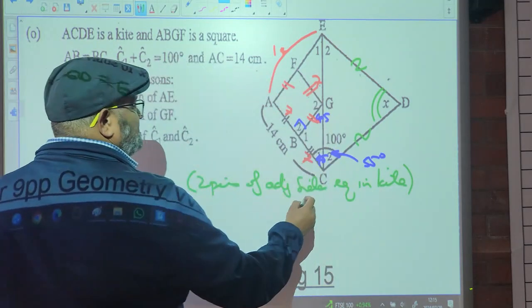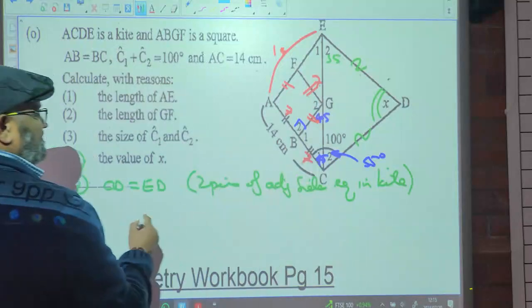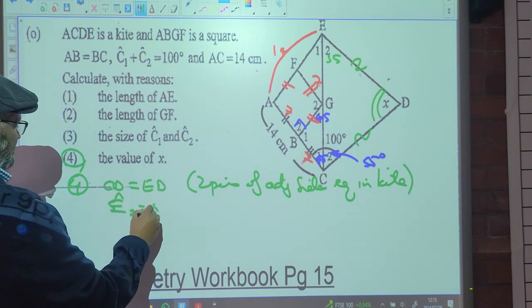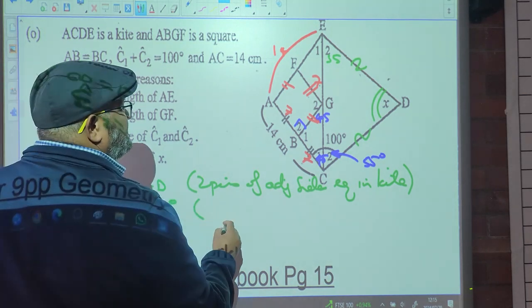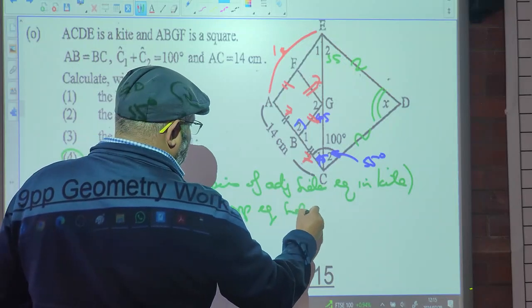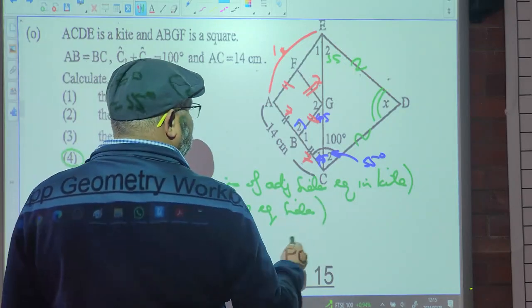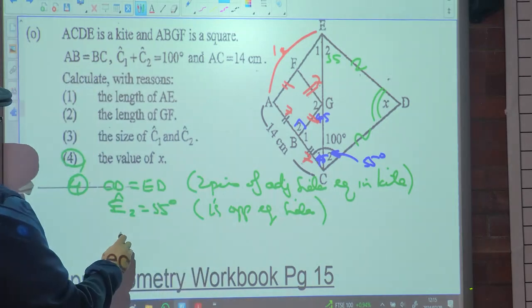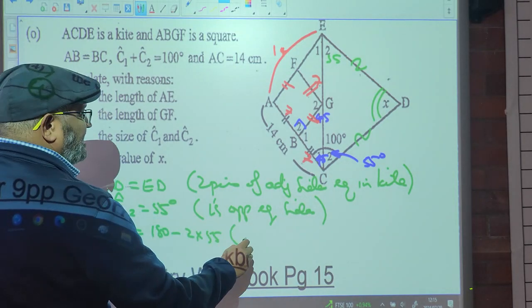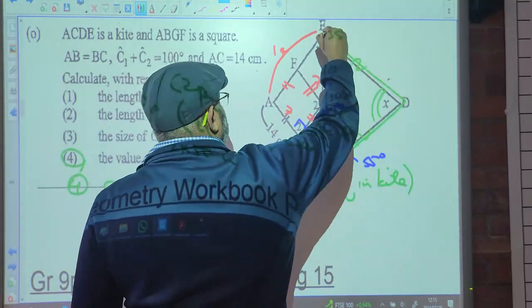Then E2 is equal to 55 degrees. Why? Angles opposite equal sides. And then x is equal to 180 minus 2 times 55. Why? Sum in triangle.